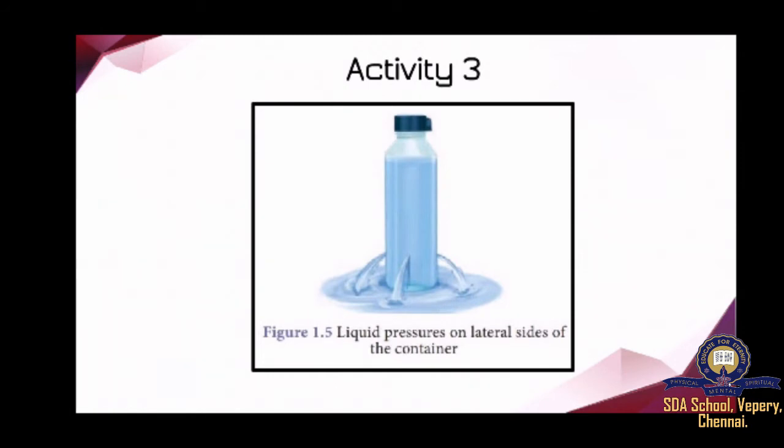Take a water bottle and make holes at the same horizontal level. Fill the bottle with water. Observe that water gushes out with the same pressure in all directions. What does it prove? This proves that liquid pressure remains the same in all directions at a given depth.